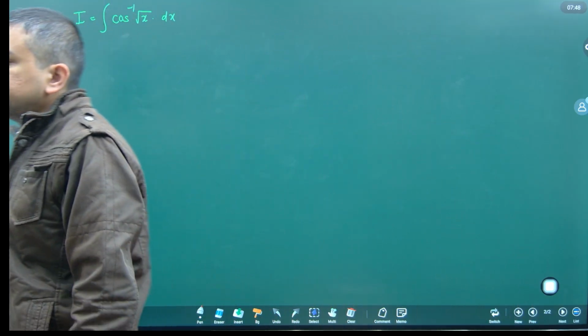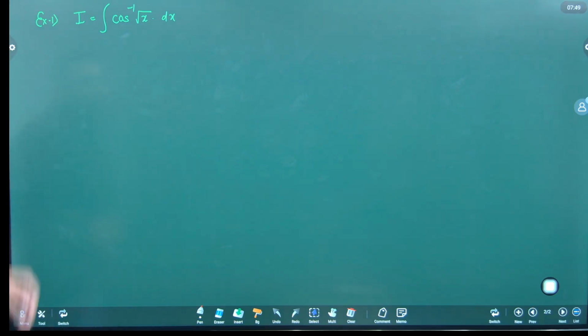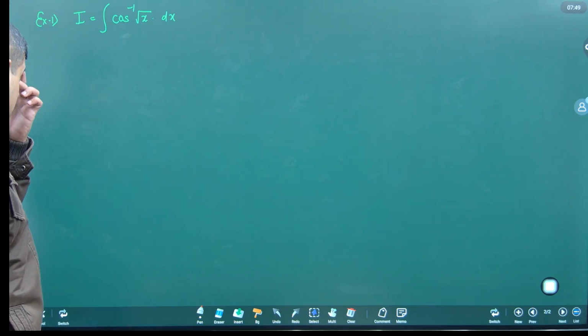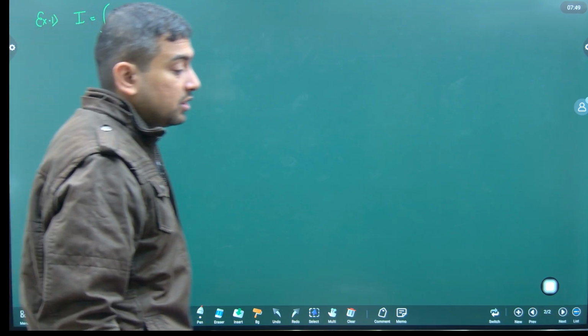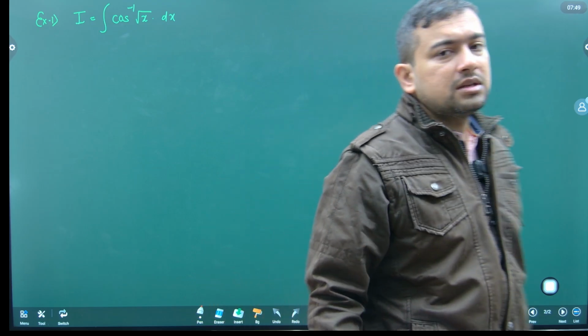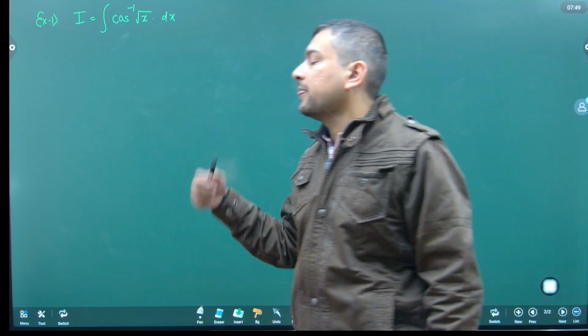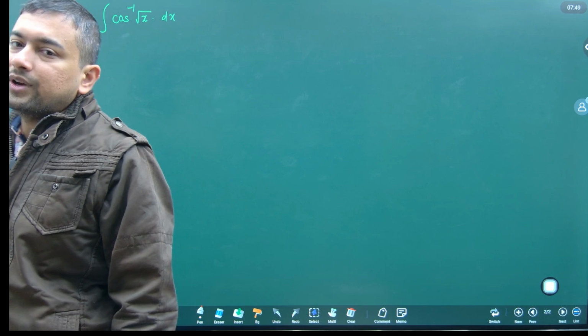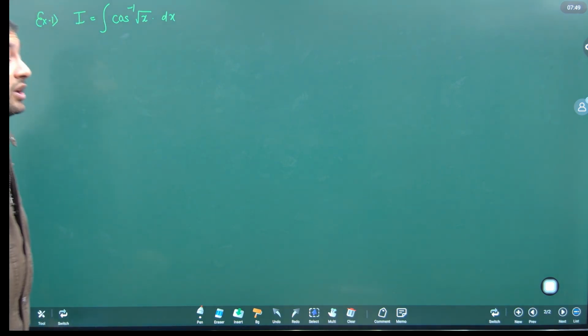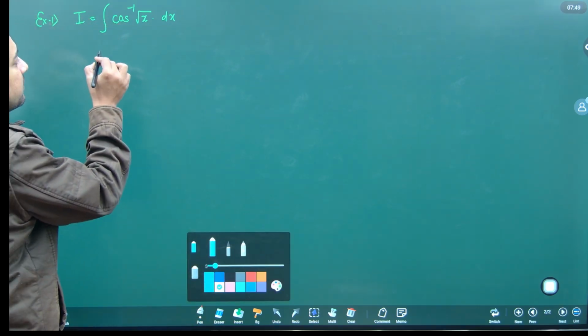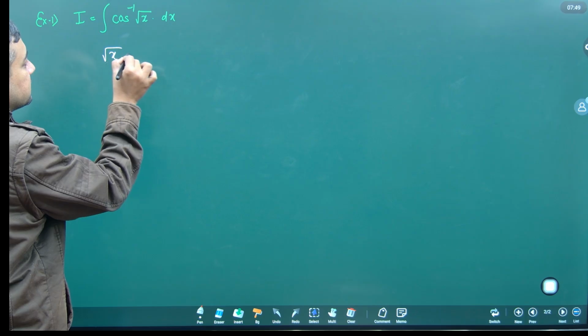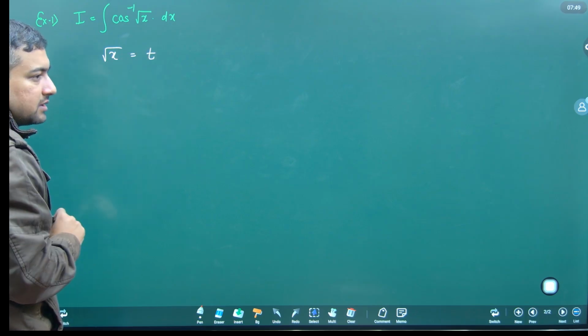Okay. Now for this there is only one function. What is that function? It's cos inverse root x, an inverse trigonometric function, correct? Now to find the integral of this, we need to create two functions. Okay, how will you create two functions? By putting root x as t, by assuming root x is equal to t.